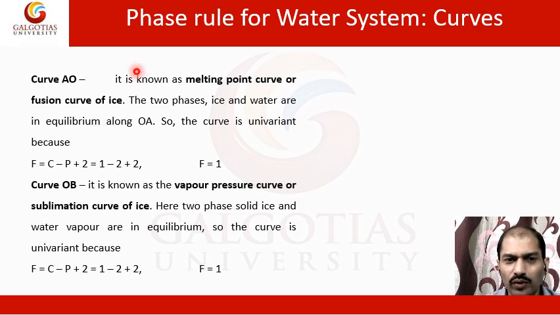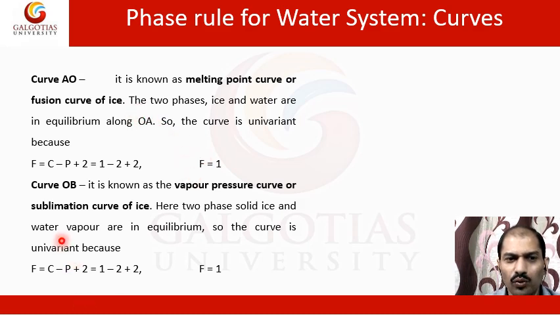How to calculate that? Because f equals c minus p plus 2 is the formula for the phase rule. The component is 1 and the phases are 2, and with the 2 in the formula, the degree of freedom will be 1. So it means this is univariant.